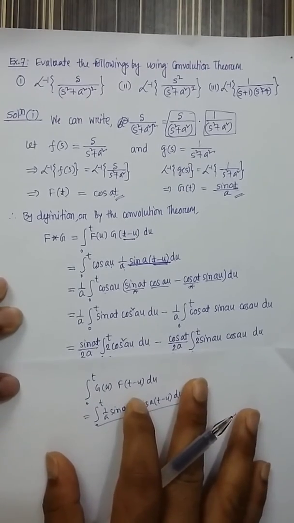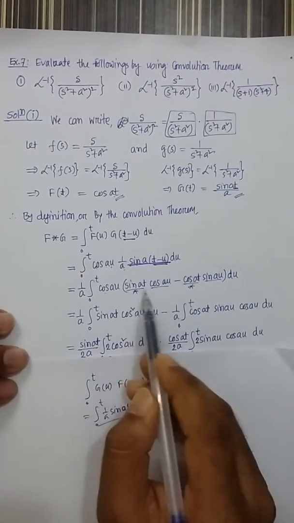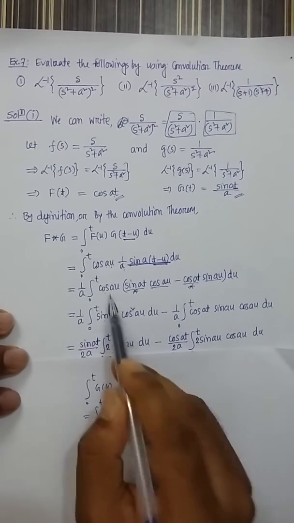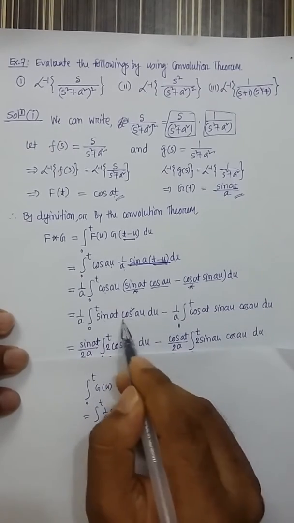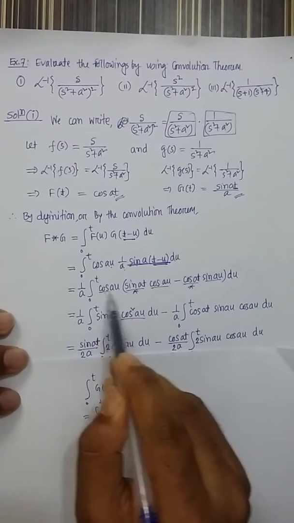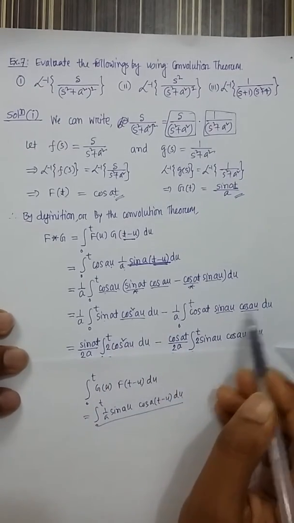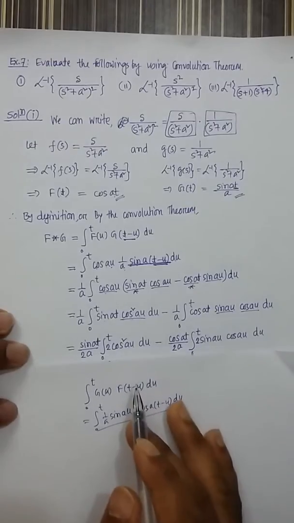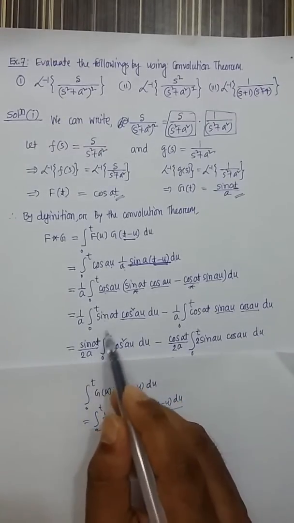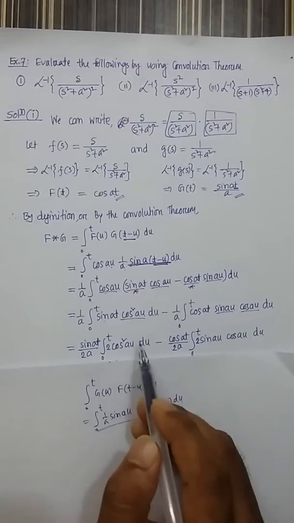In the third line, you see sin at times cos au becomes cos square au, and cos at times sin au becomes sin au cos au in multiplication form. In the next line we keep sin at and cos at outside the integration symbol.